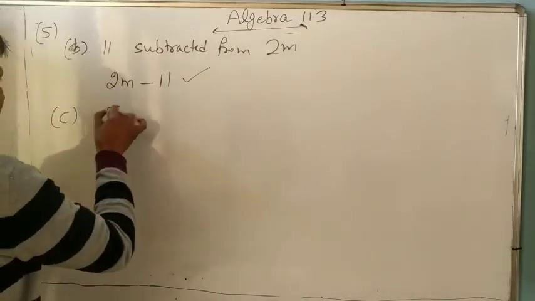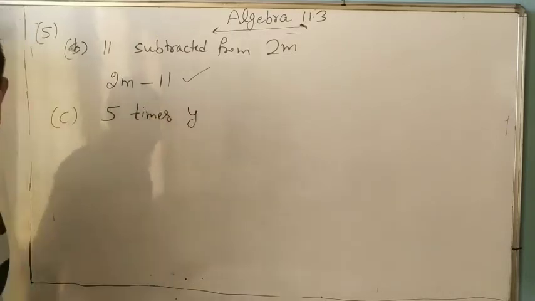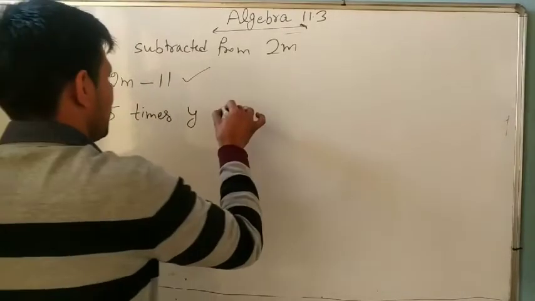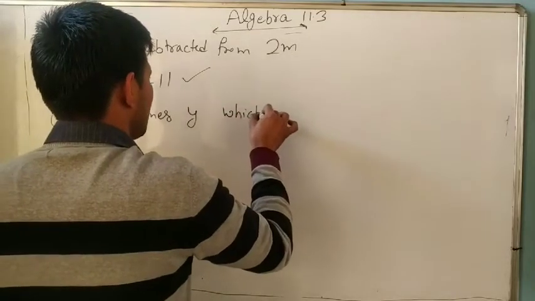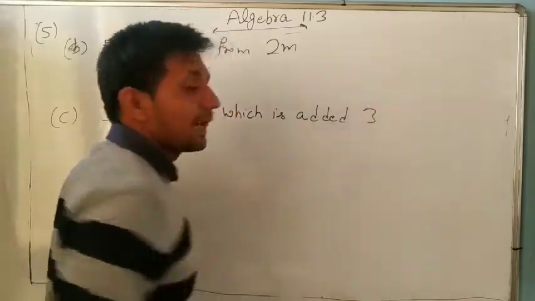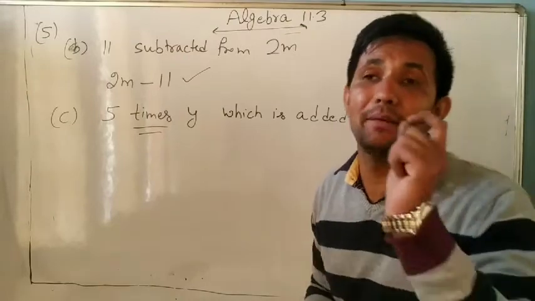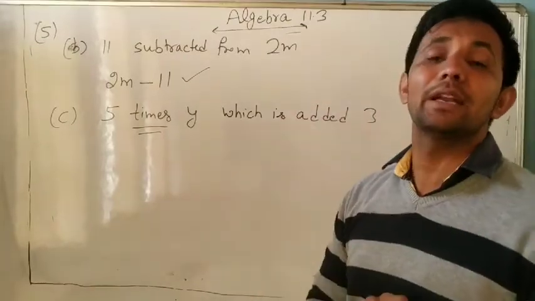5 times y, very important, 5 times y, which is added 3. What is the meaning of times? 5 times means, beta, multiplication.